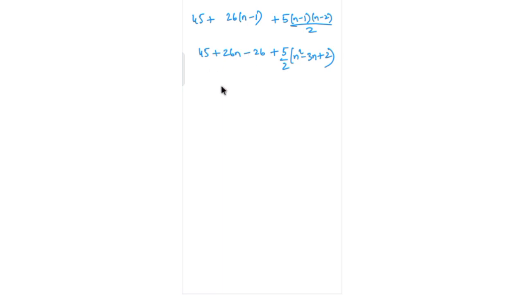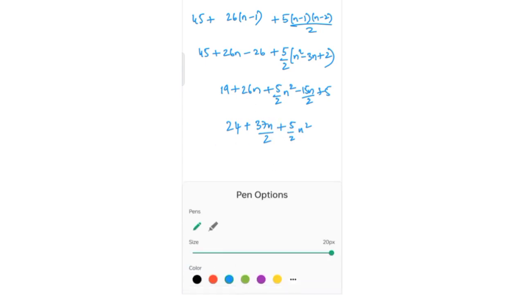So I get 45 minus 26, which is 19, plus 26n plus 5 by 2 n square minus 15n by 2 plus 5. So I get 19 plus 5, 24, and 26n minus 15n by 2, which is 37n by 2, and 5 by 2 n square. So this is what I am going to get. We can even check it by putting various values. Put n is equal to, I'll use a different ink.